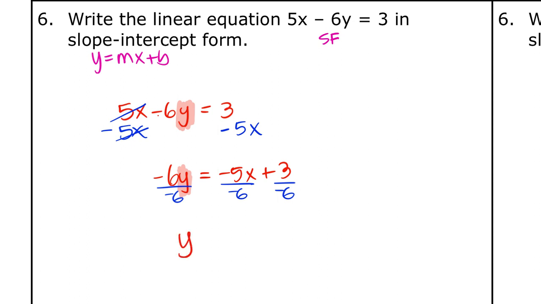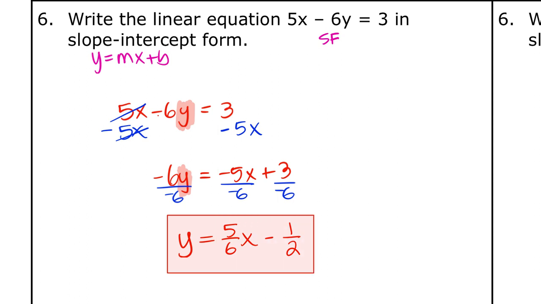So left side, y equals, next one, negative 5 divided by 6. So this is going to stay a fraction, but negative divided by a negative makes it positive 5 over 6, x. And then here, positive 3 divided by negative 6 is now going to be a negative number, and it actually happens to be a fraction, so negative 1/2.